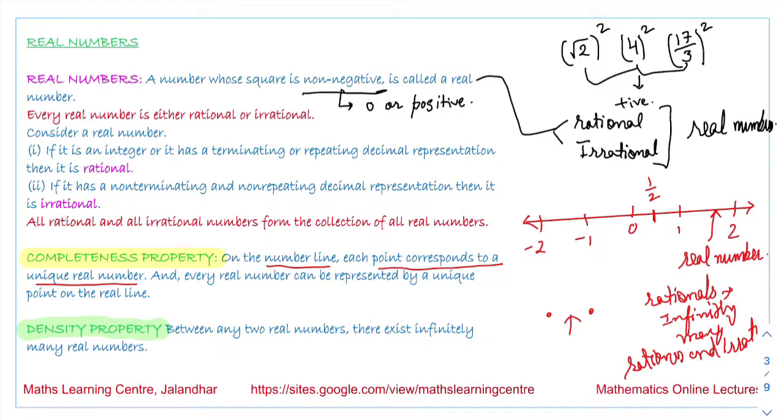Similarly, for irrationals, we can find infinitely many rationals and irrationals between those two numbers. That is basically the density property of real numbers, that they are dense. Dense means there is no spacing between any two numbers. You can always find another real number between two given real numbers.